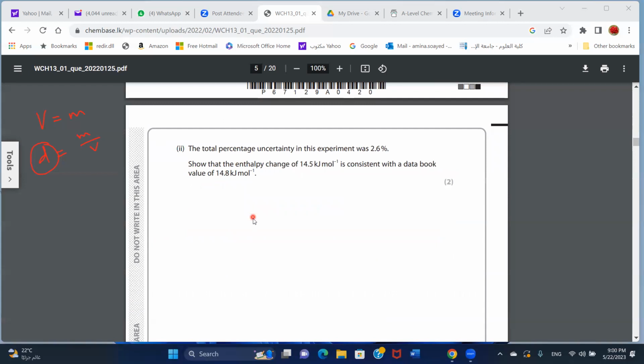Okay, Abdurrahman, the total percentage uncertainty in this experiment was 2.6%. Show that the enthalpy change of 14.5 kilojoules per mole is consistent with a data book value of 14.8 kilojoules per mole.